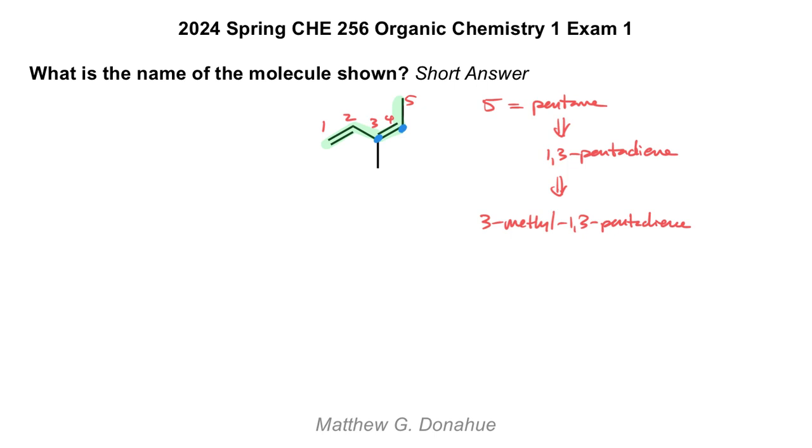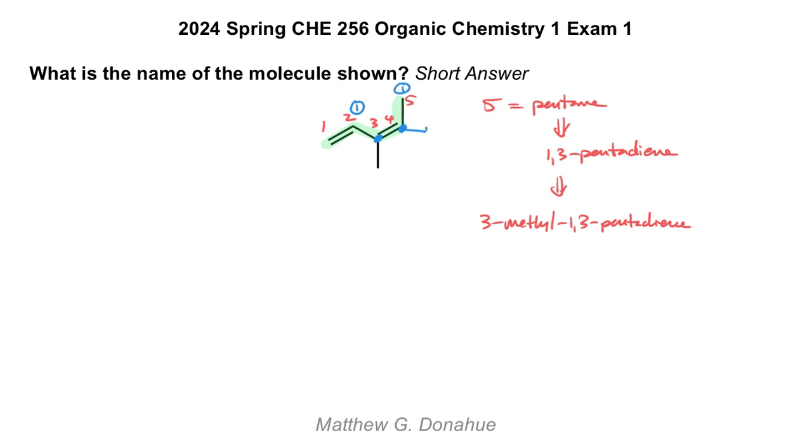So we can see that on the carbon 3, priority is going to go towards the 2 carbon rather than the substituent. So we'll call that 1. And then on carbon 4, the priority is going to go towards carbon 5, so we'll call that 1.